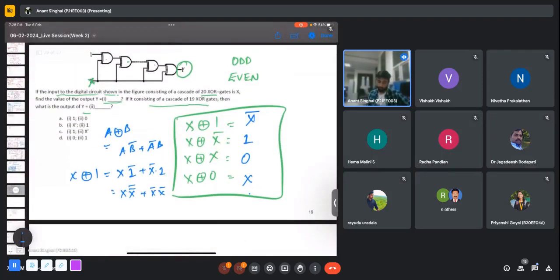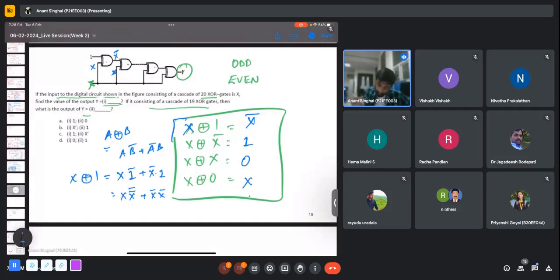In the same question, I have an X here. So X XOR 1 is X complement again. And then we have an X. So X complement XOR X is 1. So this is repeating.